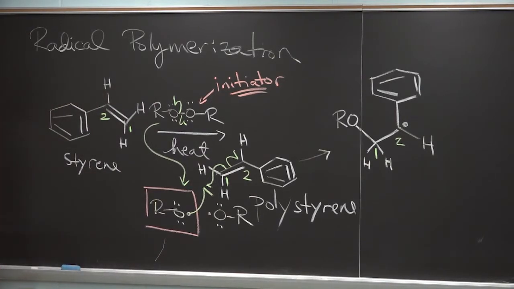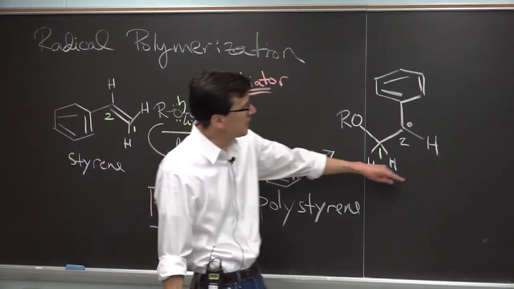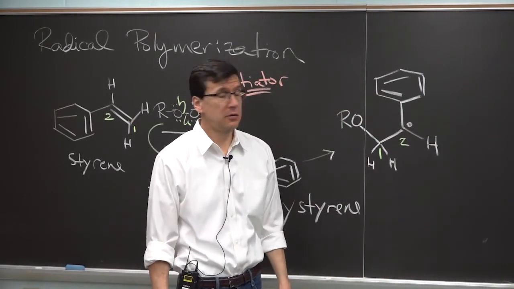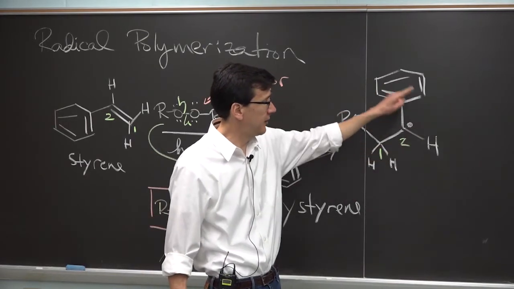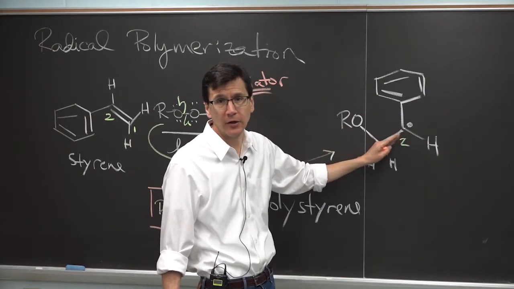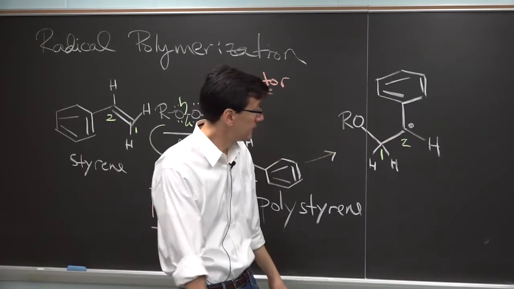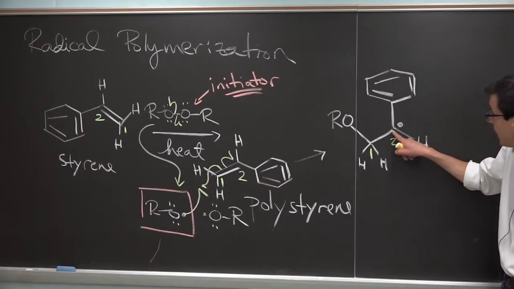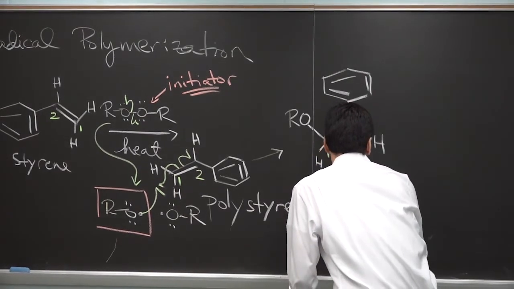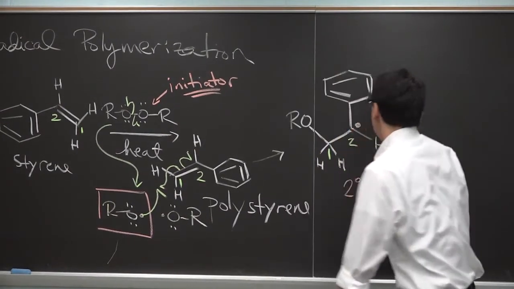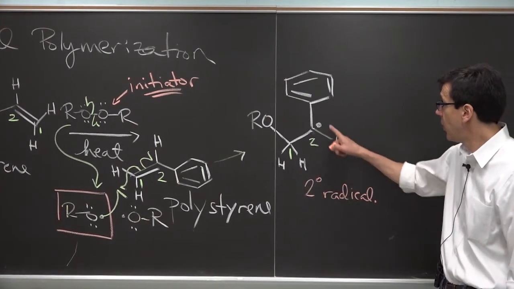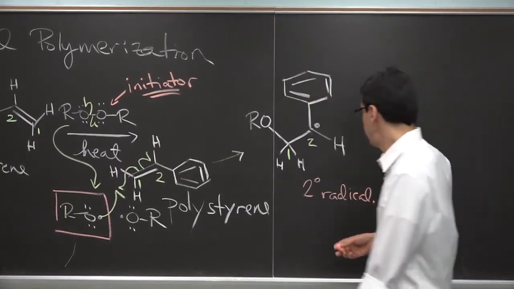So the next thing I want to ask you is take a look at this radical intermediate and tell me, as far as carbon radicals are concerned, how would you assess the goodness or the energetic favorability or stability of this particular radical? What kind of radical is it? This radical is secondary, to be sure, so it's a secondary radical. But is that all that it has going for it? No, it's also benzylic with respect to the phenyl ring.